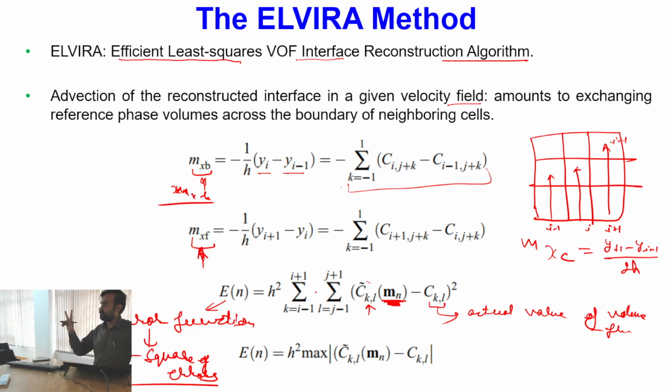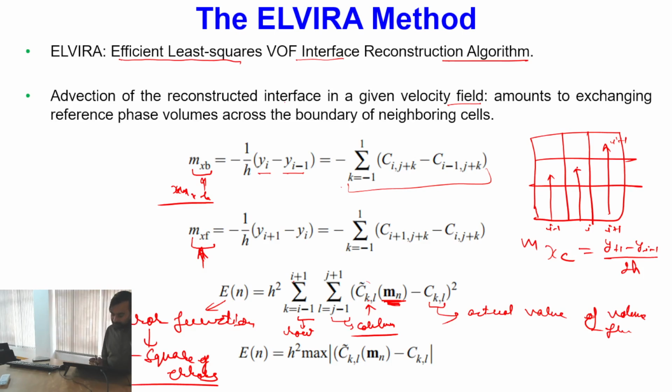It has two summation signs. The first summation is from k equal to I minus 1 to I plus 1. It means this is the summation along the row. The second is L, which varies from j minus 1 to j plus 1. So this is the summation along the column. Okay.